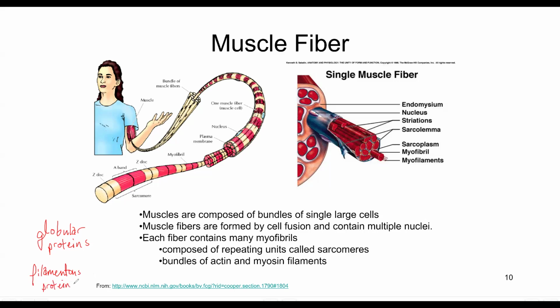Now, one of the big differences between a globular protein and a filamentous protein is that your globular proteins have kind of an amorphous shape. And there's a little bit more, I guess you could call it, disorder.